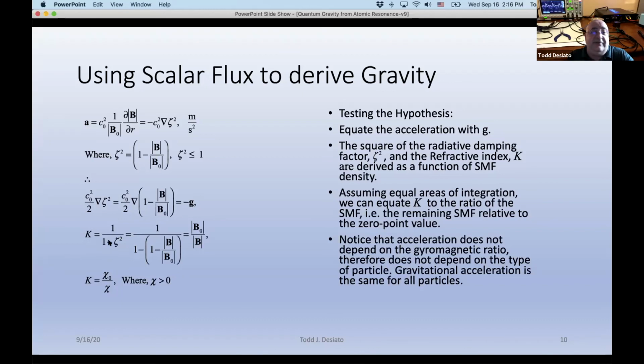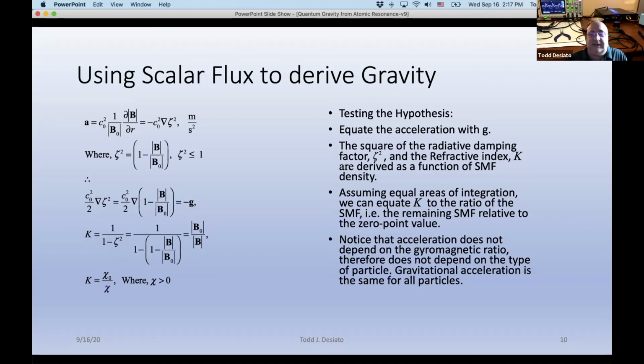And the refractive index, as we defined before, 1 over 1 minus the damping factor, is just the ratio of the fields. And going back to the gauge equation, the scalar field, which is just the flux without the vector, without the magnitude, just the flux itself, is a ratio of the initial flux in a vacuum versus the reduced amount of flux near matter, like the Earth.